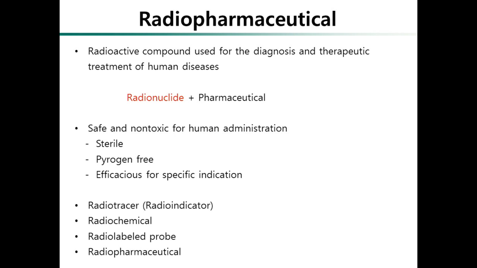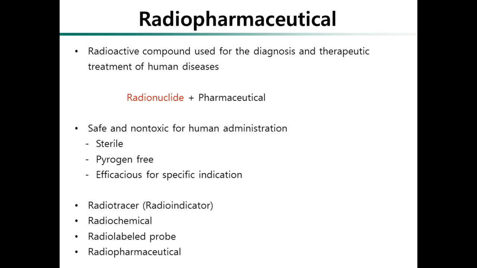But in the case of a radiopharmaceutical, there is no physiological effect from the pharmaceutical component; it comes just from the radionuclide. So we can find where the pharmaceutical is, just tagging it with the radioactivity.